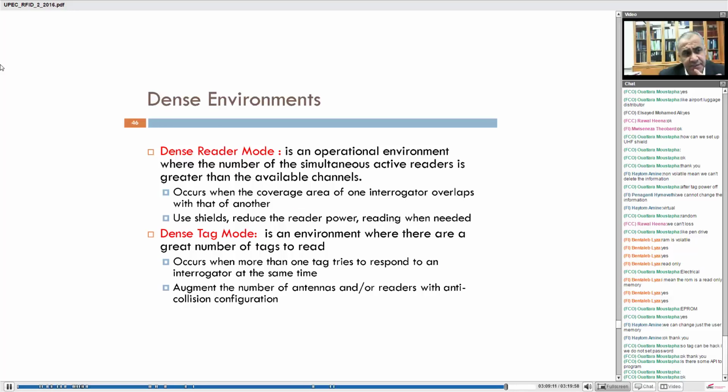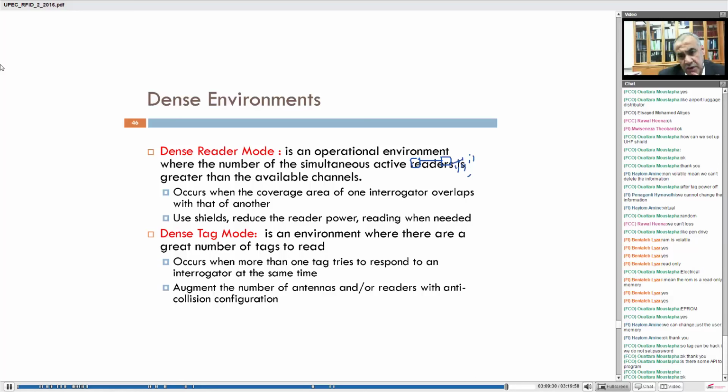Okay, so the dense tag mode is an environment where you have a great number of tags. So you have many tags that are read by multiple antennas. It happens when more than one tag tries to respond to an interrogator at the same time.